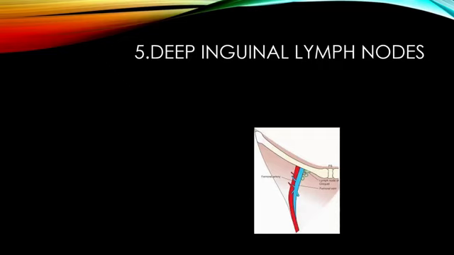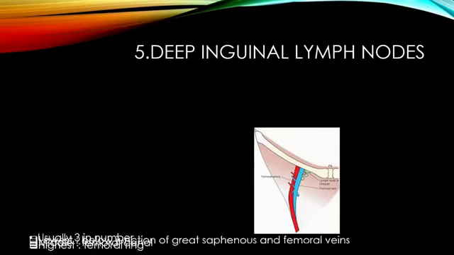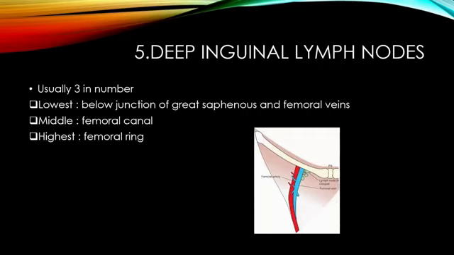Next, we have the deep inguinal lymph nodes. The deep inguinal lymph nodes are present medial to the femoral vein in the upper part, towards the base of the femoral triangle, and they are usually three in number. The lowest lymph node is present below the junction of the great saphenous and the femoral vein.